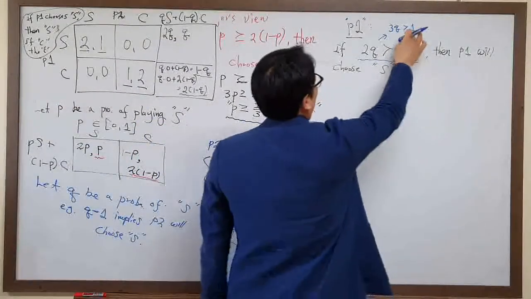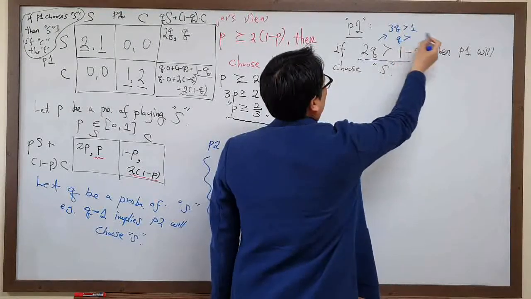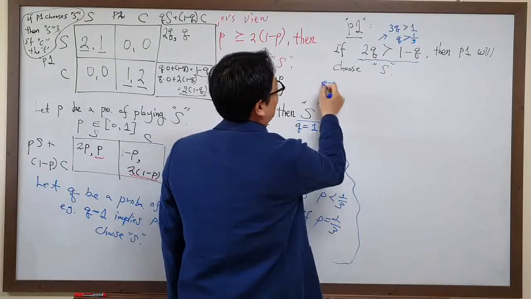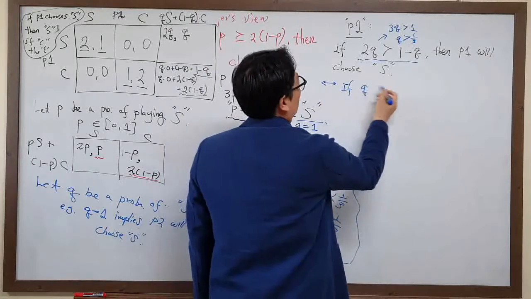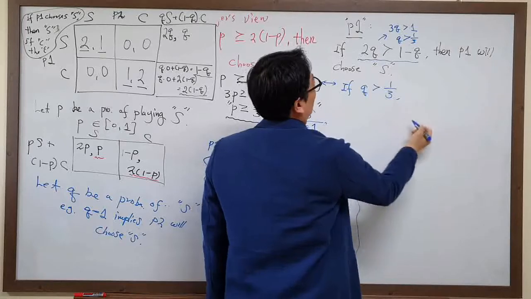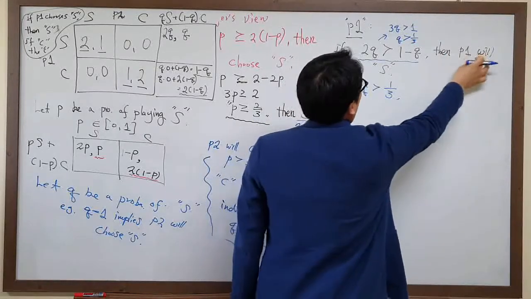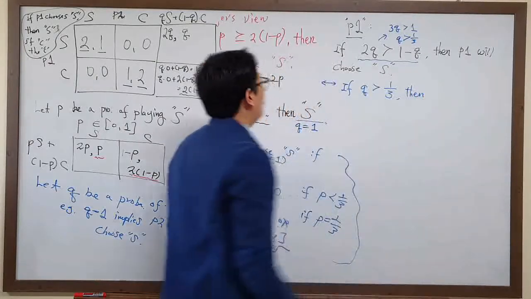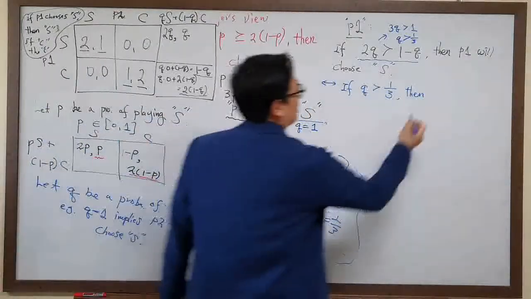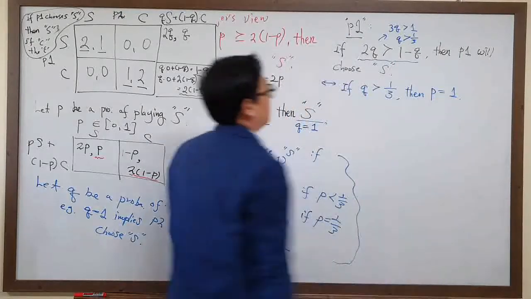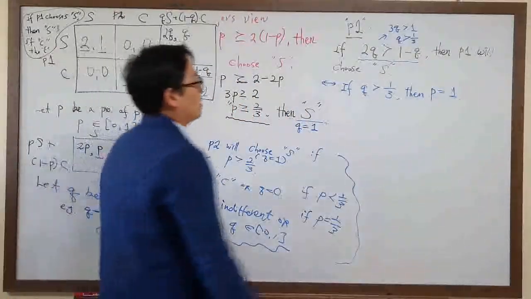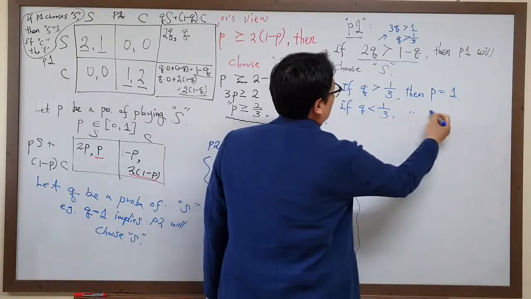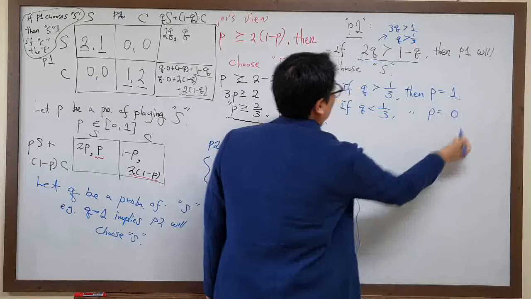So Q is greater than 1/3. If Q is greater than 1/3, then player 1 will choose S, but I can rewrite this using P: P will be 1. Likewise, if Q is less than 1/3, then P equals 0.